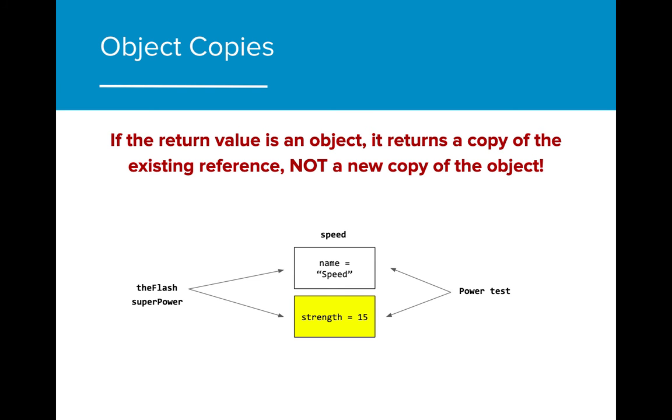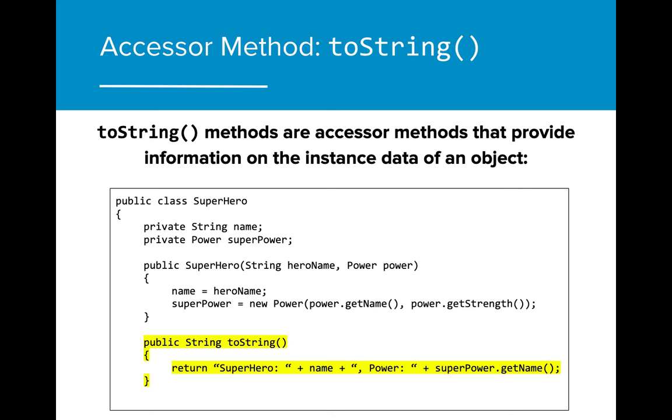Returning an object will return a reference to that existing object and point to it whenever changes are made to either reference. A specific type of accessor method that is useful when developing classes is the toString method. The toString method provides information about an object's instance data. In this case, the toString is returning the name of the superhero and the power that the superhero has. toString methods always return a string type to the existing program.